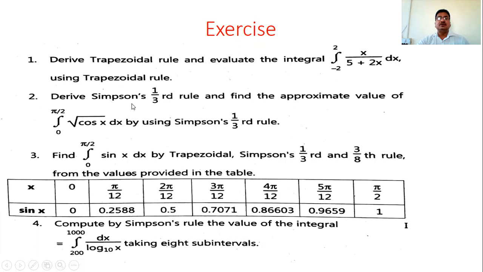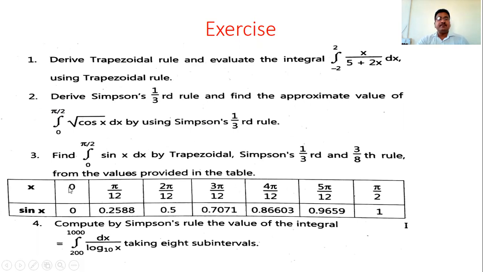Here also the number of sub intervals is not given, but we have to apply the 1/3 rule, which means divide this interval 0 to pi by 2 into sub intervals that are even in number, multiples of 2.